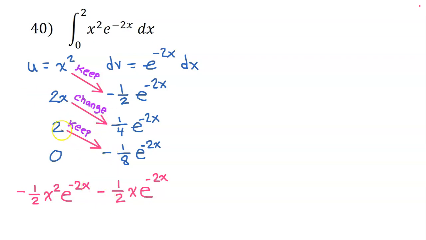The last term will come from 2 times negative 1/8 e to the negative 2x. That gives us negative 1/4 e to the negative 2x. And we keep that sign. Instead of writing keep, change, I usually put plus, minus, plus, minus.